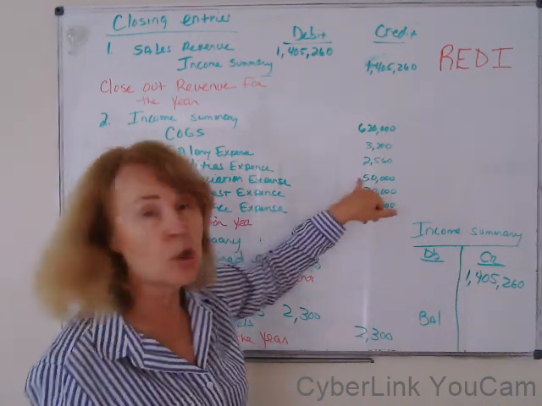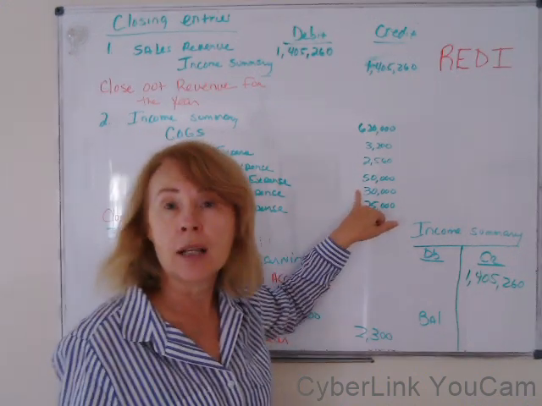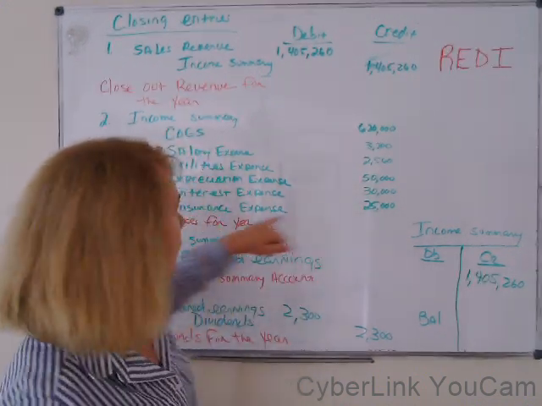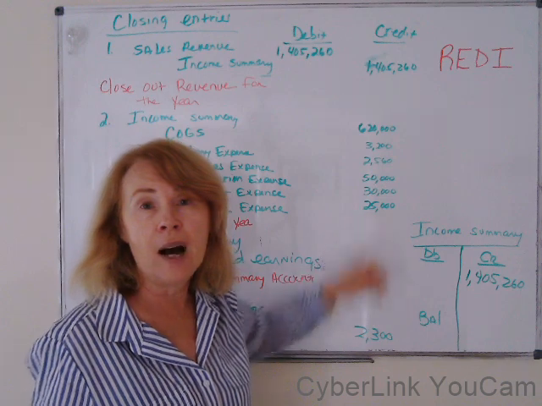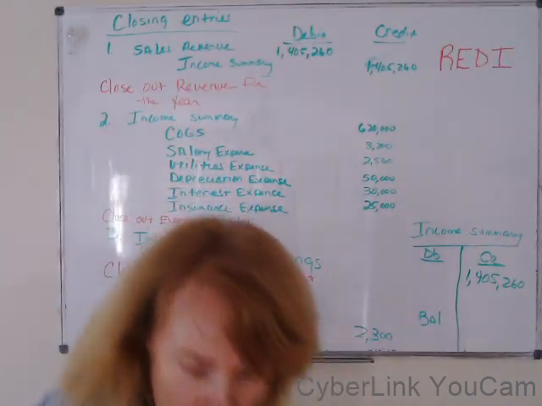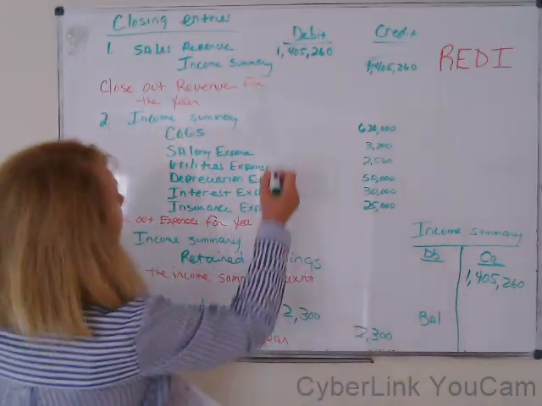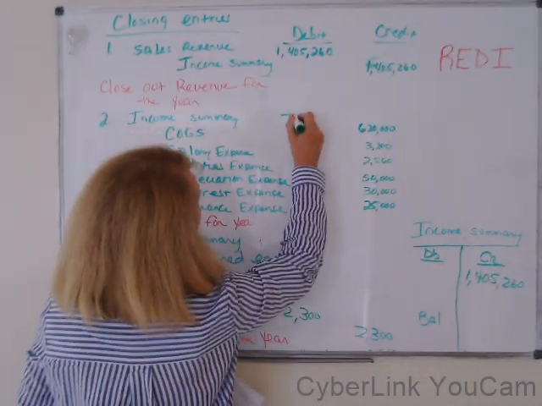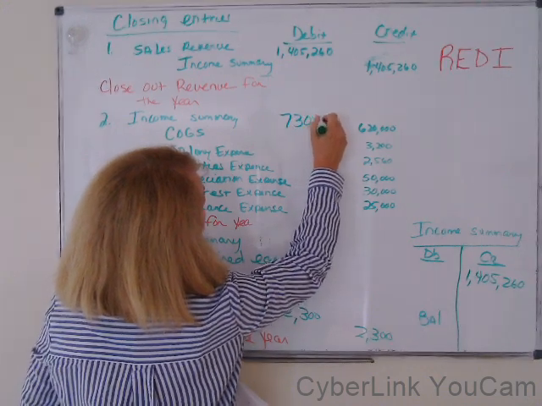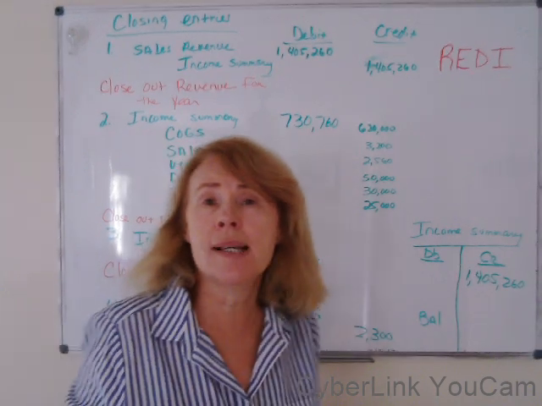Depreciation expense, credit $50,000. Interest expense, credit $30,000. Insurance expense, credit $25,000. You're going to add these all up. When you add them all up, they're going to total $730,760. That's your second closing entry.